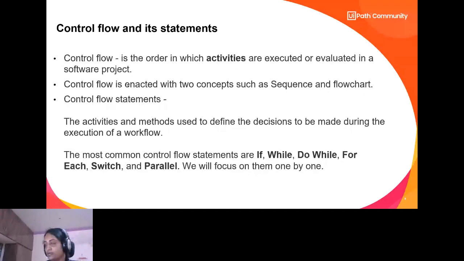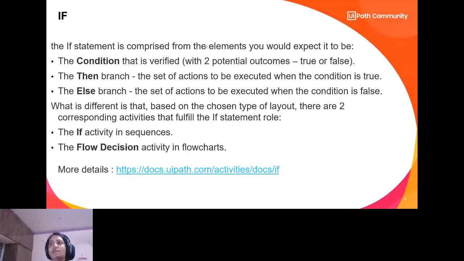So the if statement. As the word itself says, it is going to check if this is true or false. In the condition that is verified, the potential outcome is true or false, whether the condition was true or whether the condition was false.